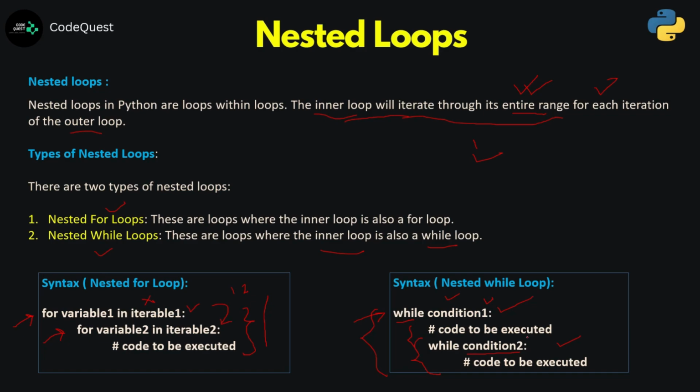If this condition is also true, then this code will be executed. After that, control goes back to condition 1 to test it for the second time. If it is true again, this code will execute, and condition 2 is also tested and its code also gets executed. Now in case condition 1 becomes false, nothing will execute and your entire nested loop is going to terminate.